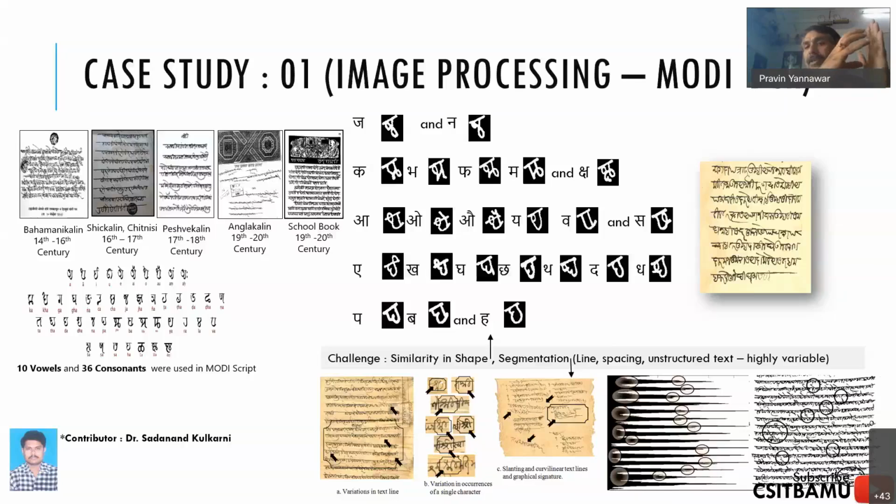This is the approach: first get the data set, pre-process it, compute the features, normalize the features, get the optimized or potential features, and using those go for classification or recognition.